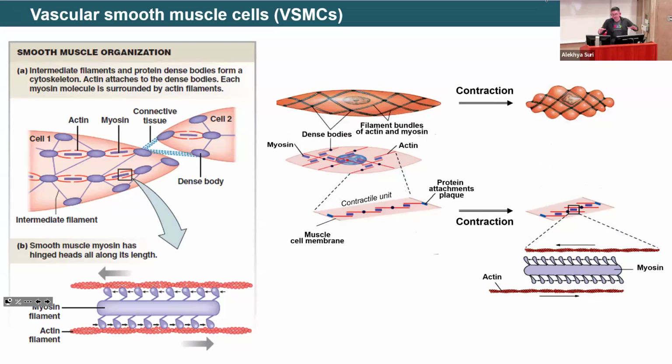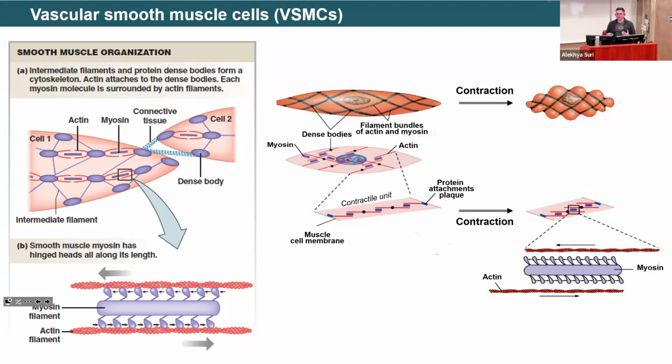And because some of those actin molecules are kind of connected to the membrane of the cell, the contraction of the smooth muscle cell basically looks like the cell has shriveled. If you take a single smooth muscle cell, the cell basically looks like it has shriveled and shrunk, right, in all possible directions.